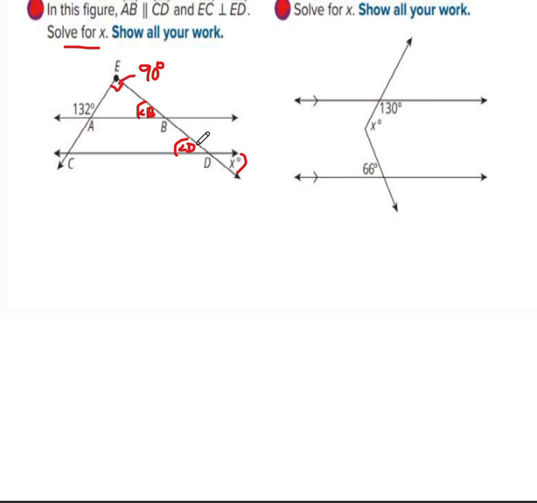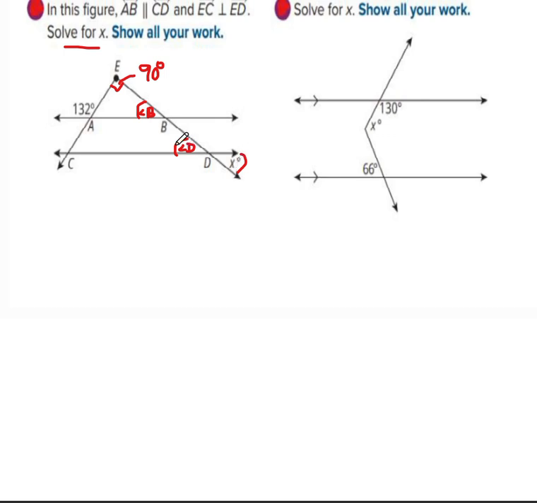The transversal line is a line that cuts the two parallel lines. So angle B and angle D are corresponding angles because they are on the same side of the transversal. One is within the two parallel lines and one is outside of the two parallel lines. So these are corresponding angles, and corresponding angles are equal.